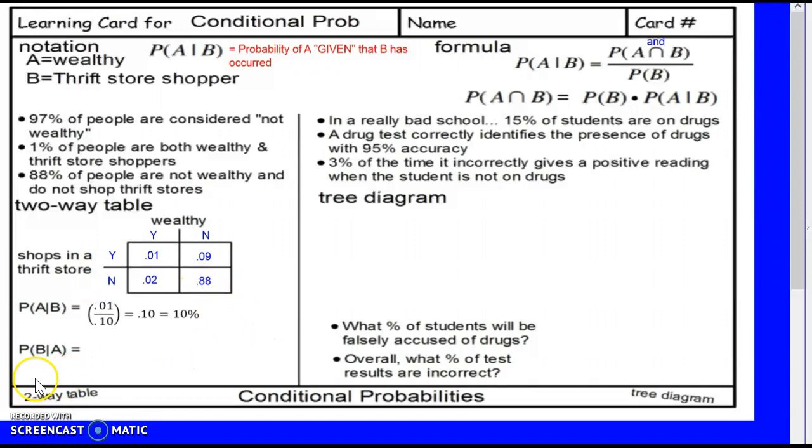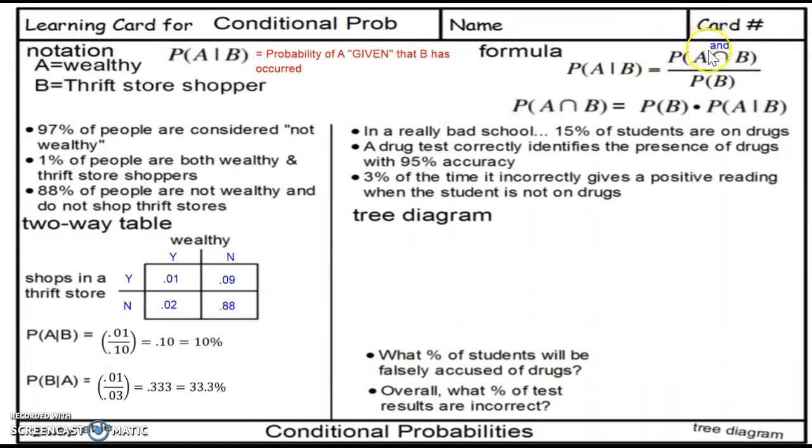So that's one way that you could look at that question. What about the probability of B given A? What if we say the probability of being a thrift store shopper given that you are wealthy? Well, let's flip-flop these: the probability of being a thrift store shopper and wealthy divided by the probability of A, which is the probability of being wealthy.